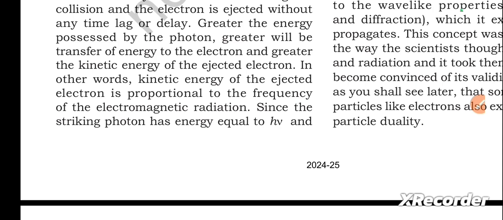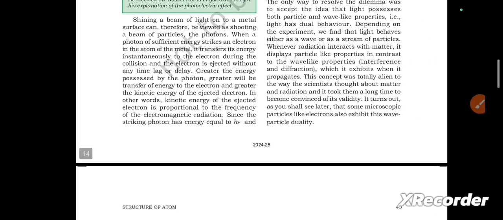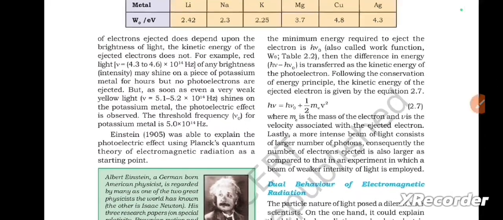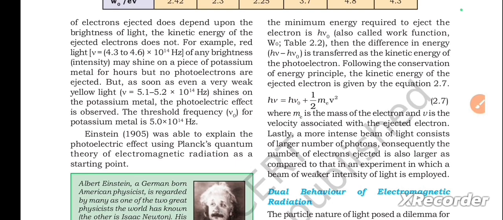Since the striking photon has energy equal to hν and the minimum energy required to eject the electron is hν0, also called work function W0, then the difference in energy is transferred as the kinetic energy of the photoelectron.